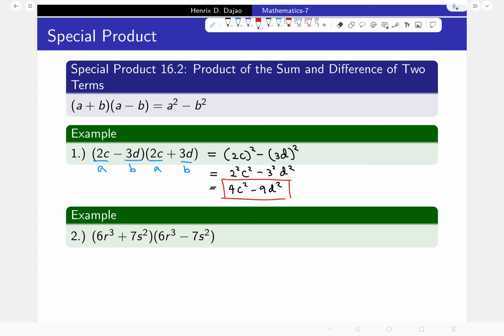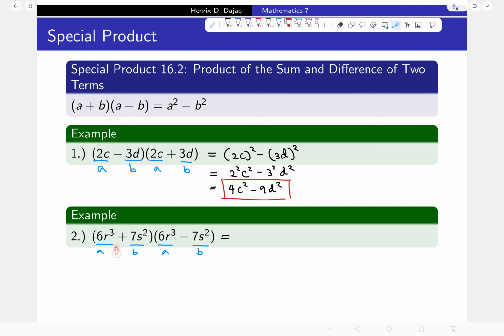Similarly, for number 2, you can take this one as a. Alright, so I'm going to use blue. You can take this one as a, and you can take this one as b. So of course this one is a and this one is b.